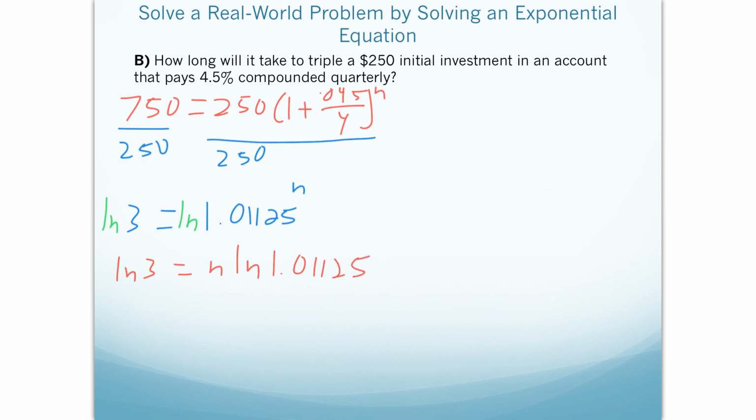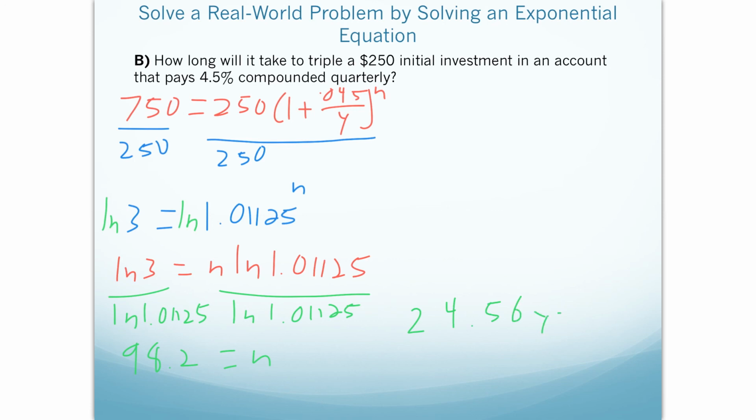Divide both sides by ln of 1.01125. And we get 98.2 quarters, which would be about 24.56 years if I divide that by 4.